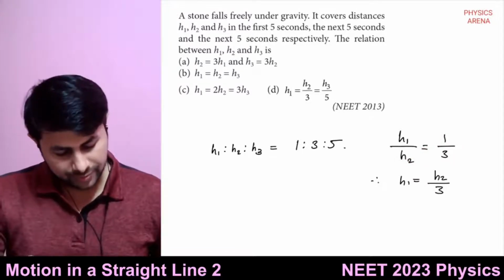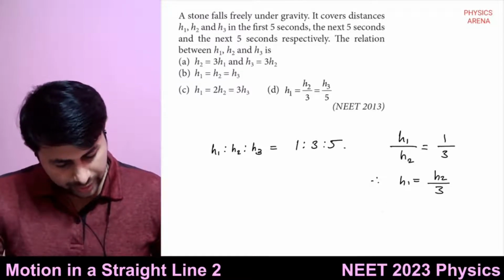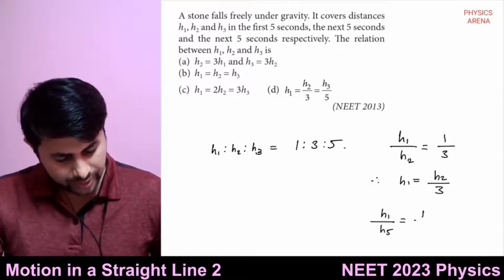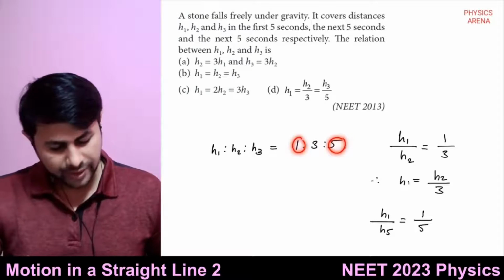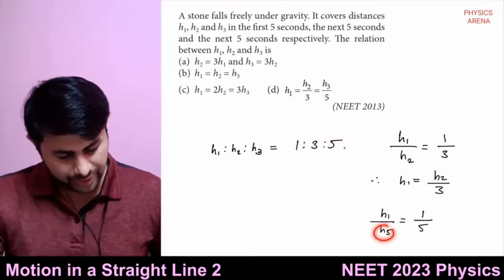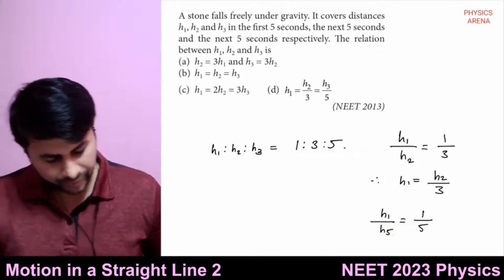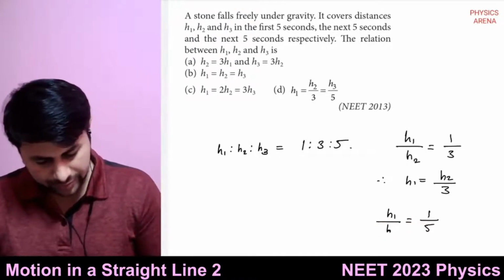And similarly, I can write that h1 upon h3 equals to what? 1:5, right? It is 1:5. So I can take this h3, sorry, it is h3, okay? h1 divided by h3.